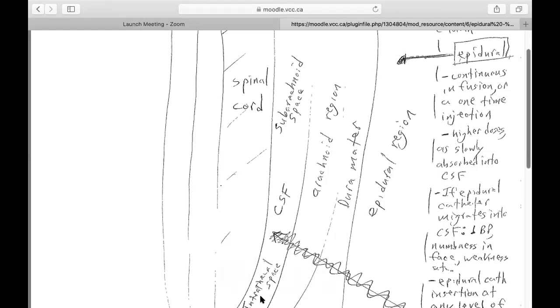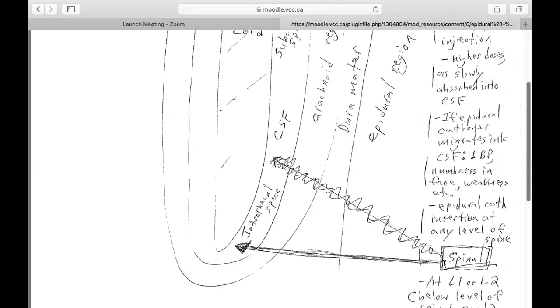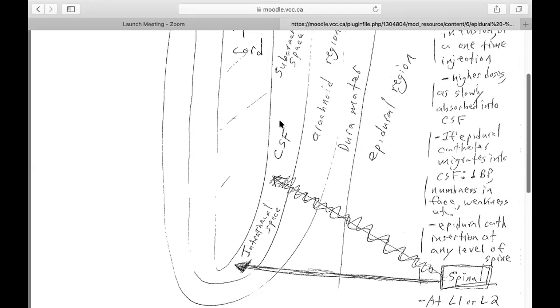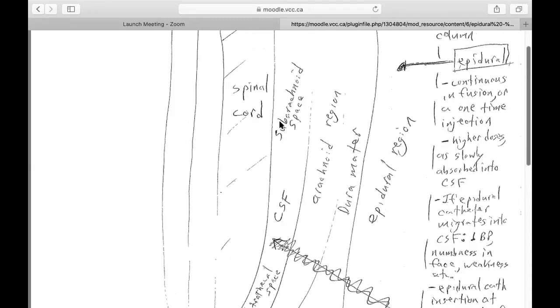So if you're looking up an anesthetic, let's say, and it says the duration of this med is, let's say, 6 hours via the thecal route, that's T-H-E-C-A-L, thecal route, then you know what they're talking about is something like a spinal injection that is injected directly into the intrathecal space, otherwise known as the subarachnoid space.